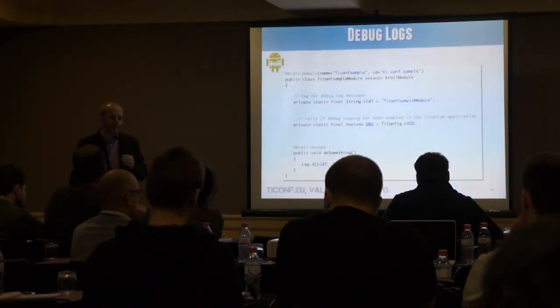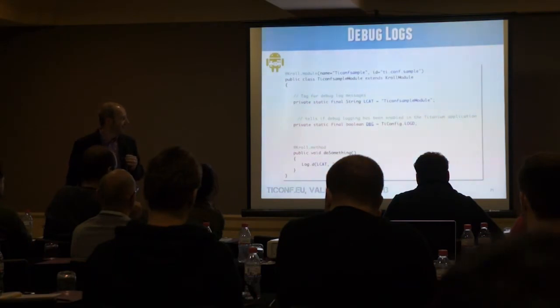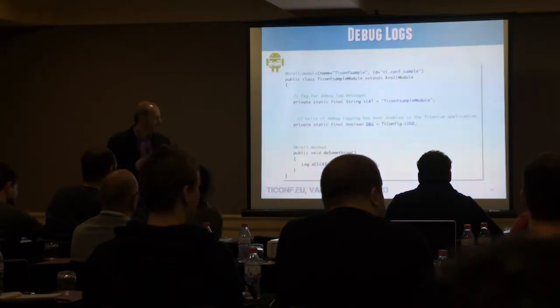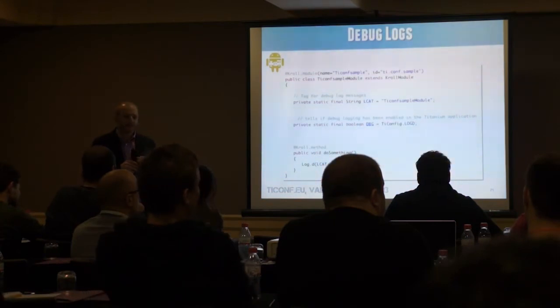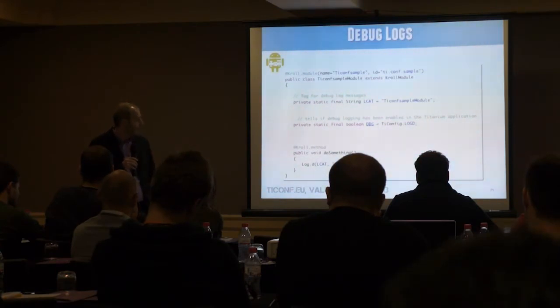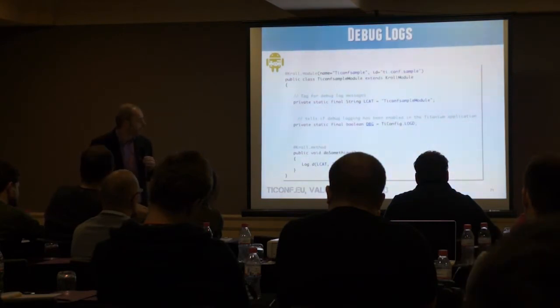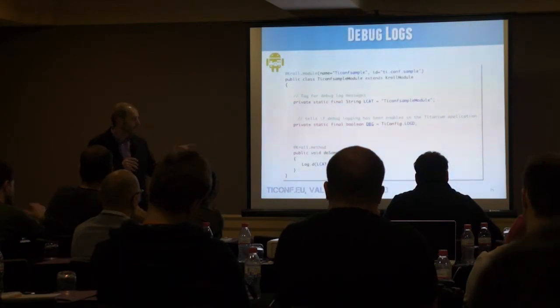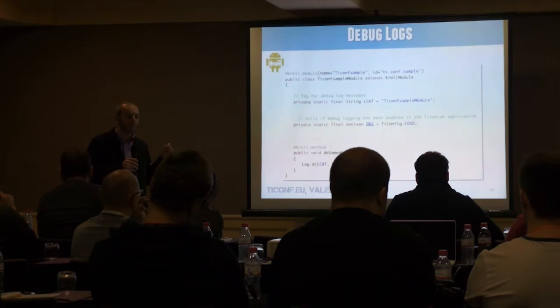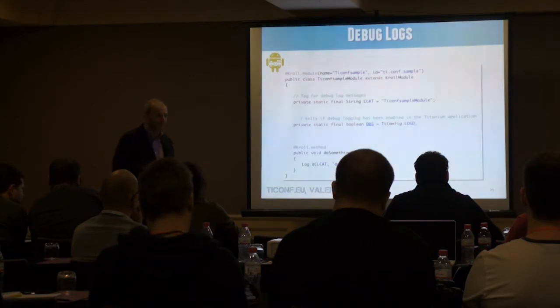On Android, we don't have this kind of facility, so we have to rely a bit on the logging facilities. We define a tag for our logging messages. We also have an additional configuration property that tells us if the application has debug logging enabled, that we can use for our purposes.